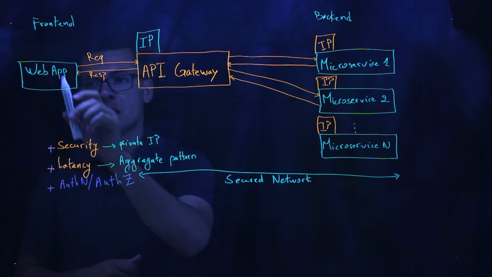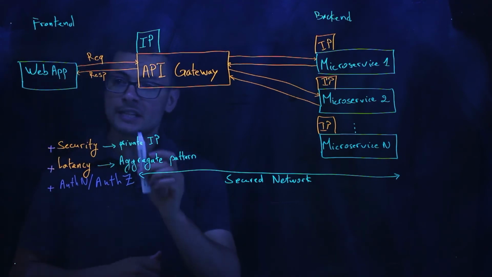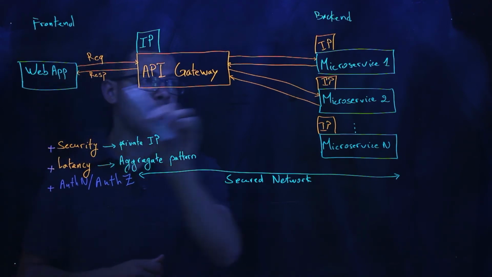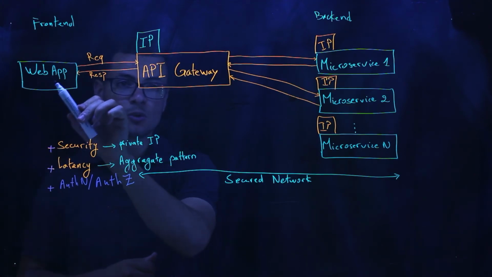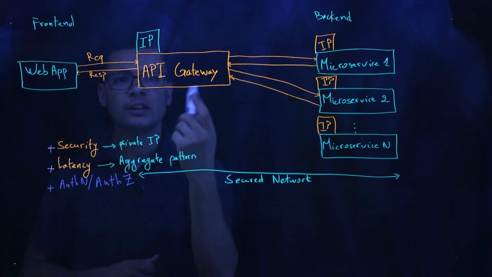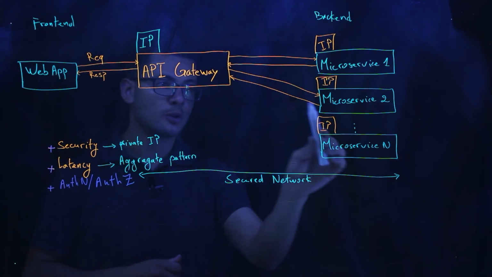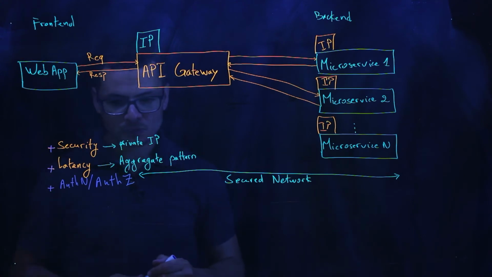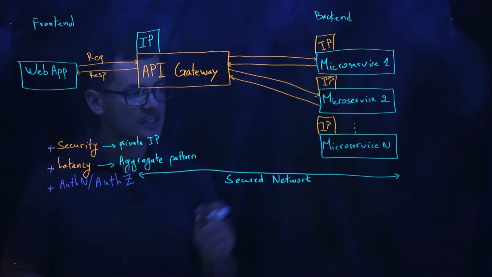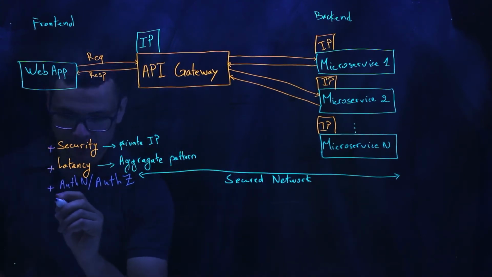So I don't have to update the web app. Thus, I'll have less coupling between the web app and the different microservices. The only coupling I have here is between the web app and only one API gateway, instead of coupling it with multiple microservices. So this enhances service discovery integration.